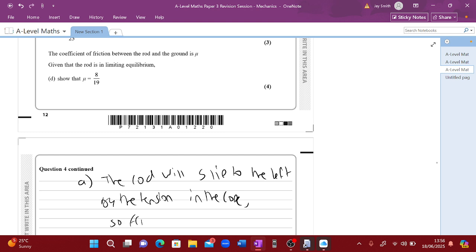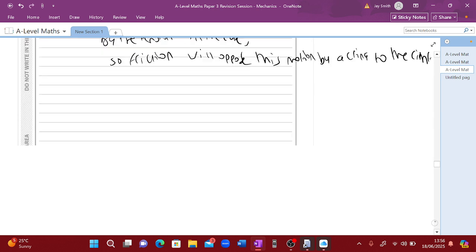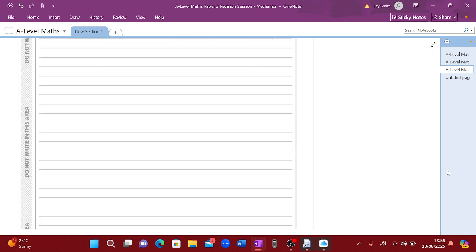So friction will oppose this motion by acting to the right. So the opposite direction to oppose the motion.